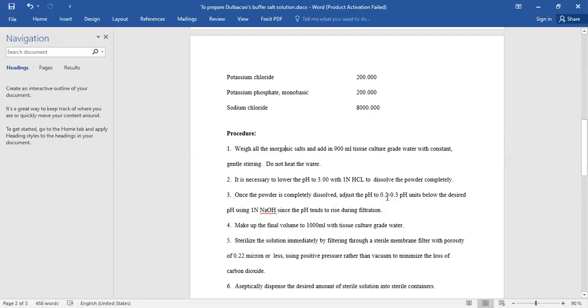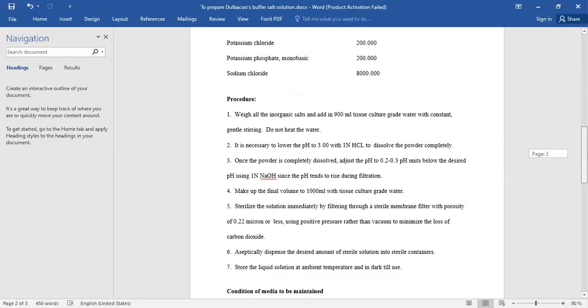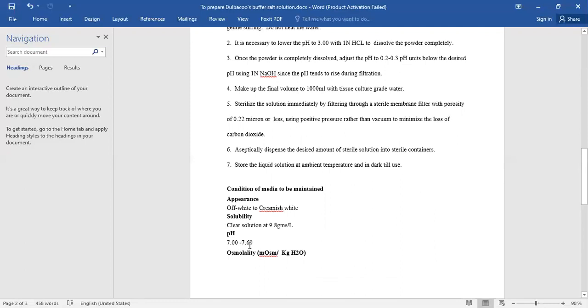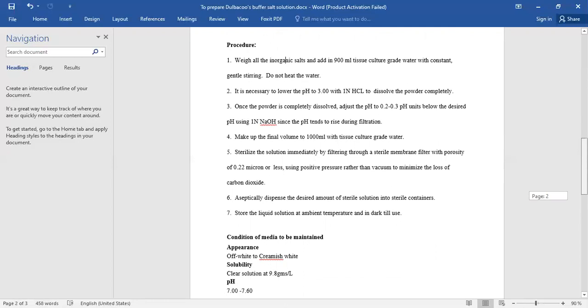Means the final pH is 7.0 to 7.6. So we need to adjust the pH of the media to 7.02 to 7.57. So it will be maintained at 7.02 to 7.57, approximately 7.57.